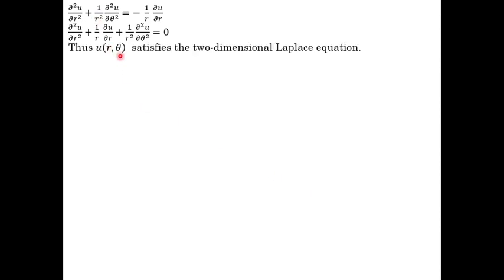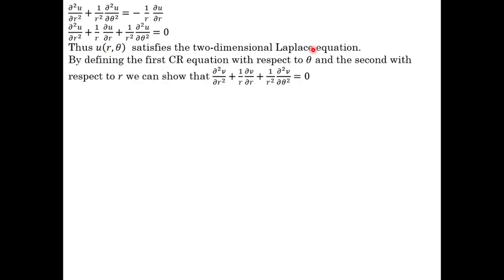Thus, u(r, θ) satisfies the two-dimensional Laplace equation. Otherwise, u(r, θ) is a harmonic function in polar form. Now, by differentiating the first CR equation with respect to θ and the second with respect to r, we can show that ∂²v/∂r² plus 1/r ∂v/∂r plus 1/r² ∂²v/∂θ² is equal to 0.